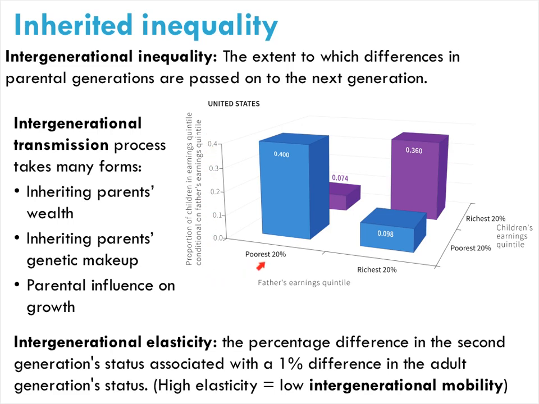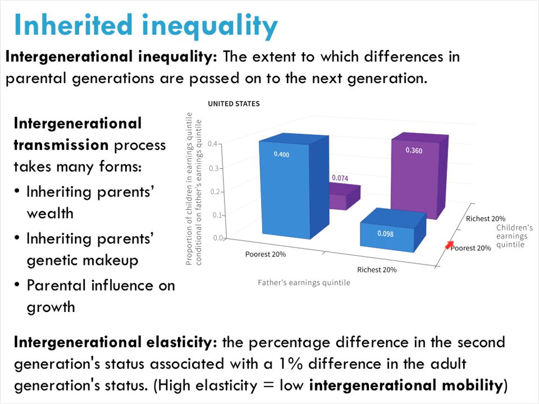So of the poorest 20%, that fifth of all Americans, we're looking at the US here, in the poorest 20%, about 40% of youngsters ended up there, and their father's earnings were there also. So they're sort of following in their father's footsteps, if you will.